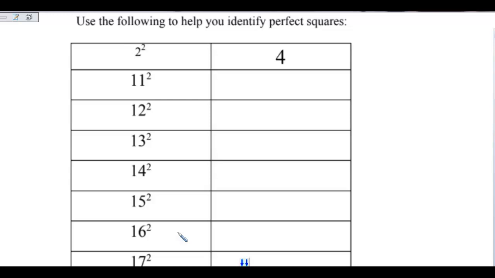And if you want, you can always go beyond that, but 15 squared is as high as the list that I gave you in your notes. And we know that 2 times 2 is 4, 11 times 11 is 121, 12 times 12 is 144, and so on down. Okay?